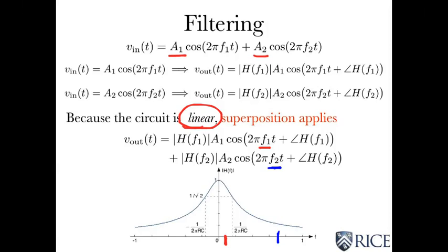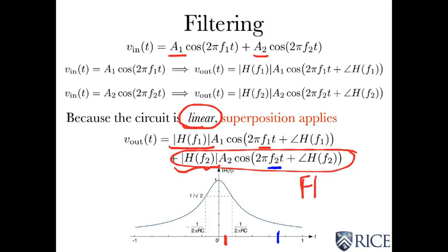But what's going to happen on the output side is that the transfer function at F2 is much smaller than it is at frequency F1. So this term is going to be attenuated. Filtered is the term. It's going to tend to filter out the high frequency term.